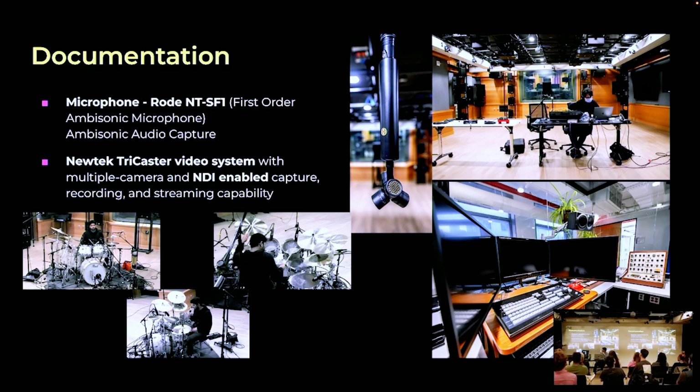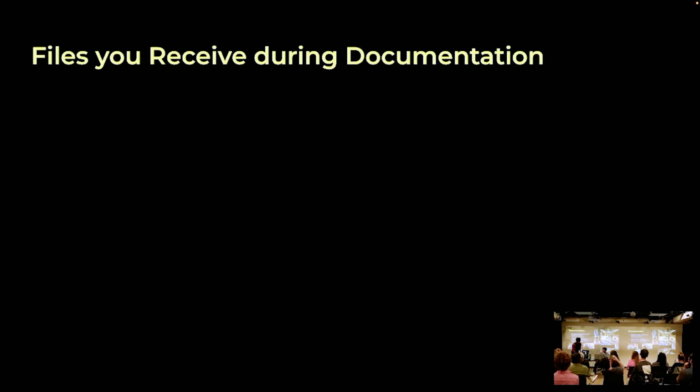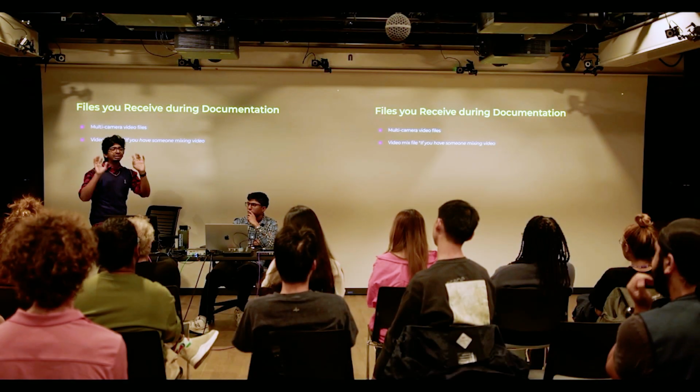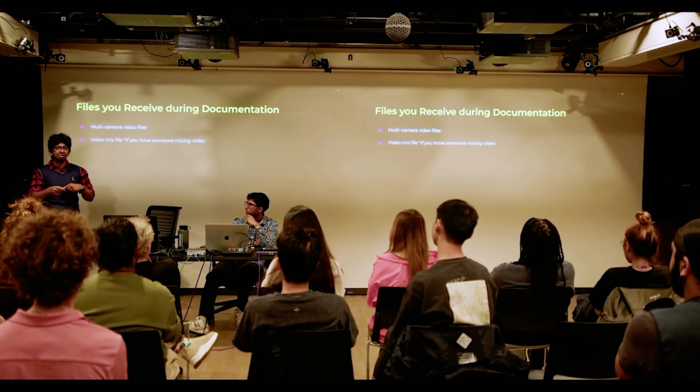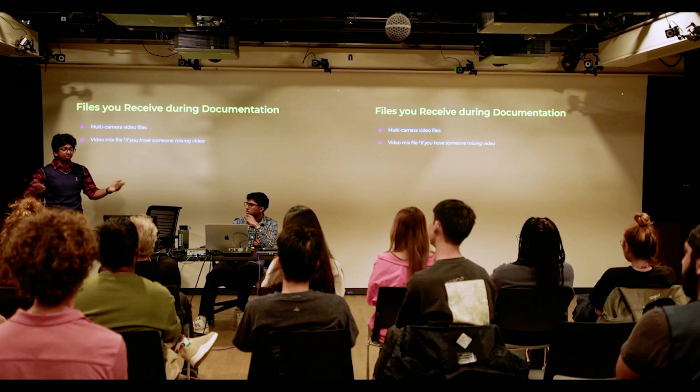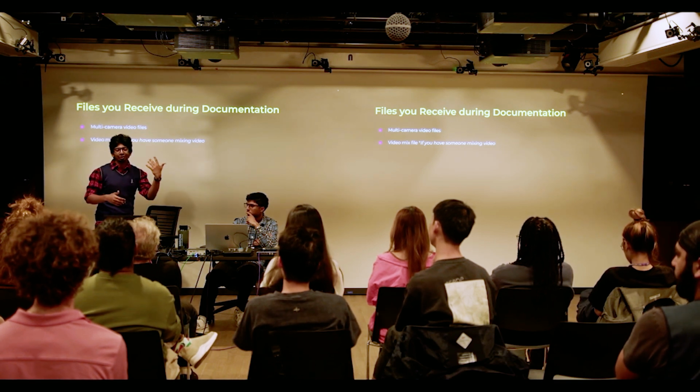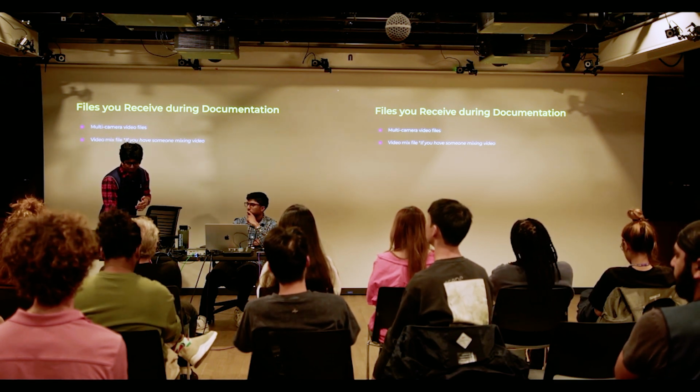So here's a quick example of a project that was actually recorded here as well. And we also have a video of another project that was recorded in this space. So at the end of the day, what you're going to receive is multicam video files. If you have a dedicated person to mix the TriCaster system, you also get a mixed video, which you can also use for live streams, which we can do in this space as well.